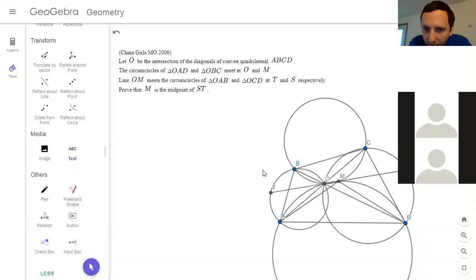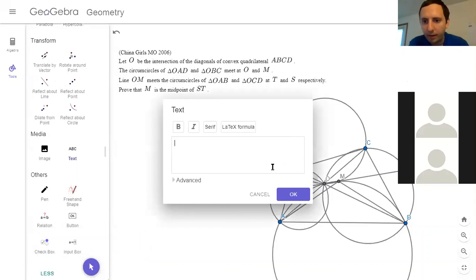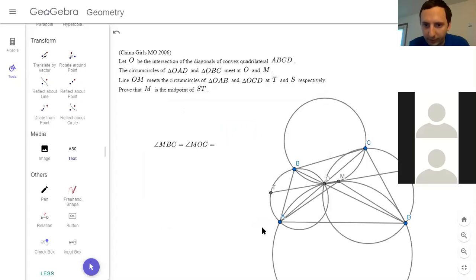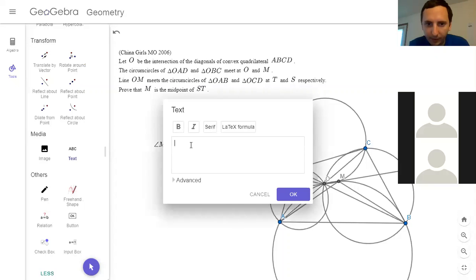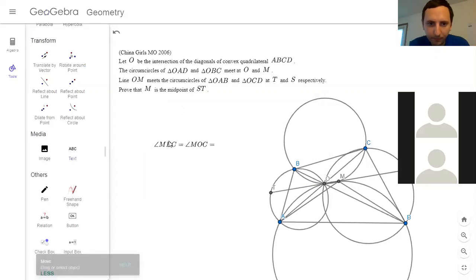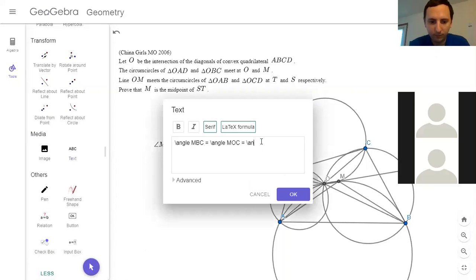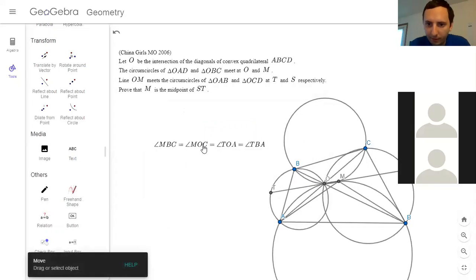So we have, hold on just a second. So we have angle MBC is angle MOC, which is angle TOA, which is angle TBA. All right.